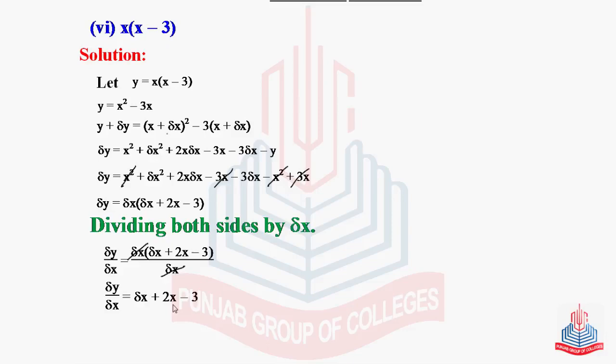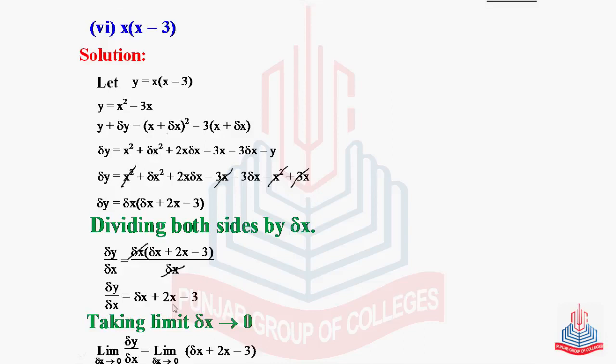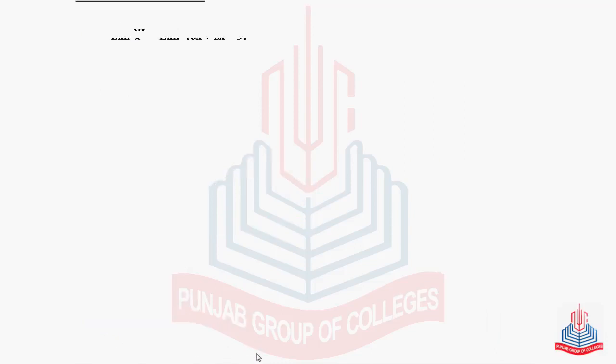Now taking the limit as delta x approaches 0 on both sides, we have limit delta x approaches 0 of delta y by delta x is equal to limit delta x approaches 0 of (delta x plus 2x minus 3). So just apply the limit. The left hand side will become dy by dx, the representation of limit delta x approaches 0 of delta y by delta x, which is dy by dx is equal to, this delta x will become 0 and we have 2x minus 3.